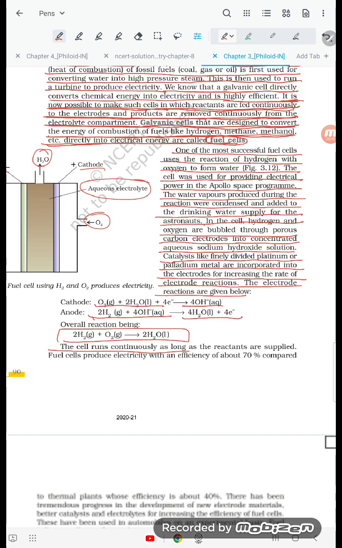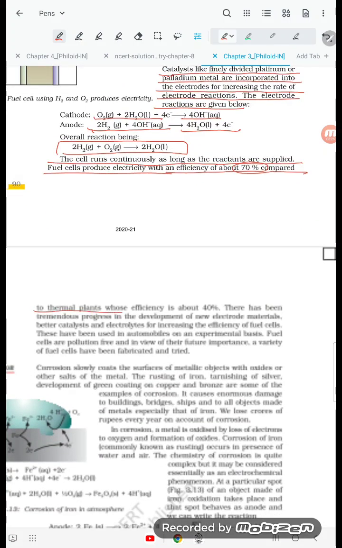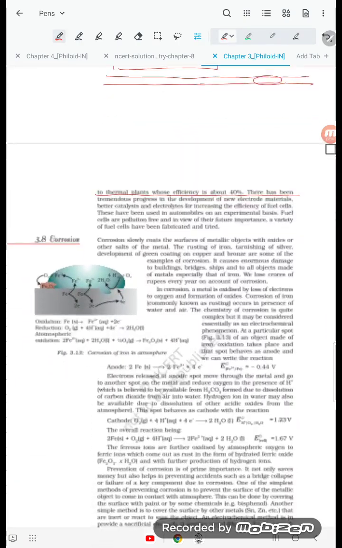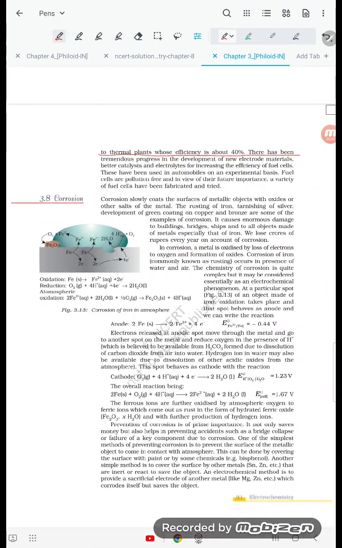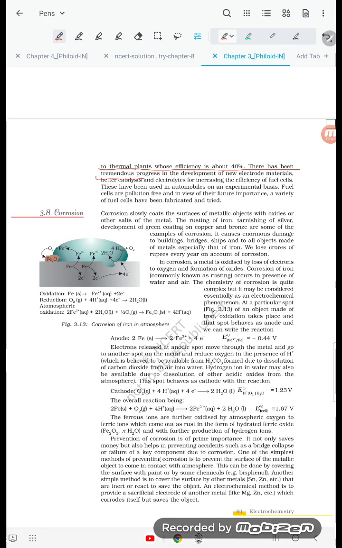The cell runs continuously as long as the reactants are supplied. Fuel cells produce electricity with an efficiency of 70% compared to thermal plants whose efficiency is about 40%. There has been tremendous progress in the development of new electrode materials. Better catalysts and electrodes are increasing the efficiency of fuel cells.